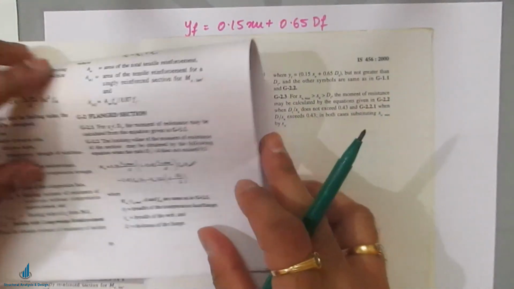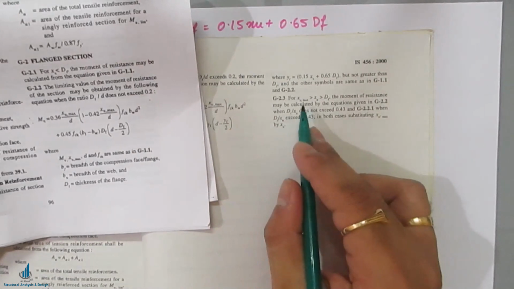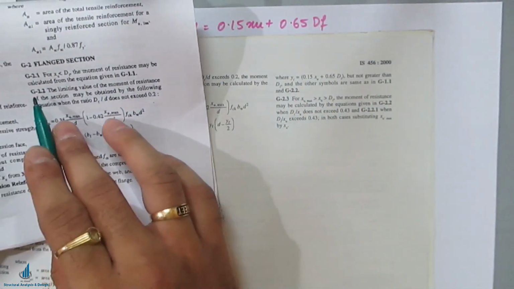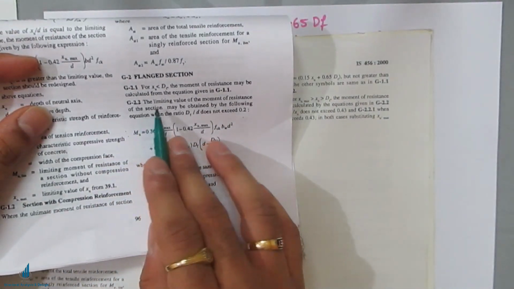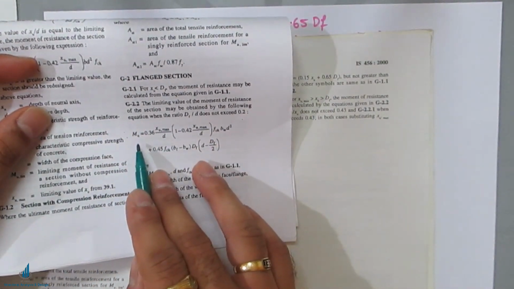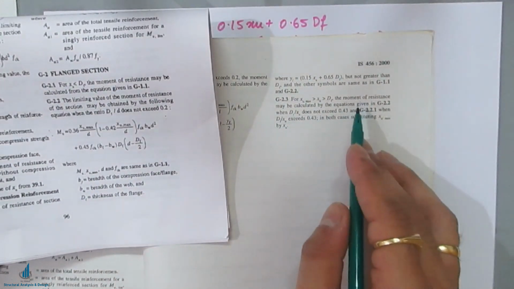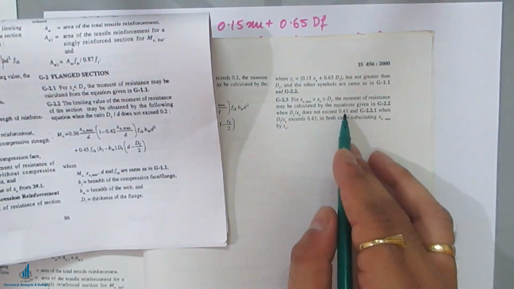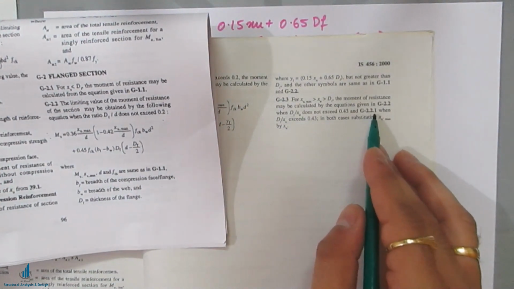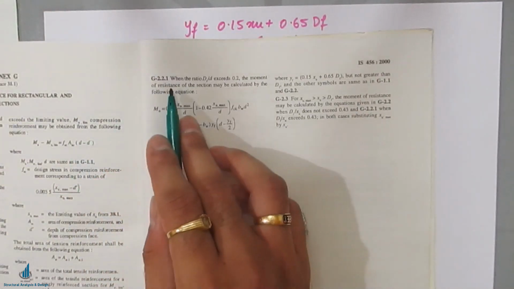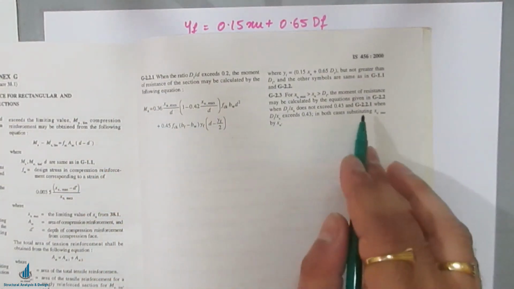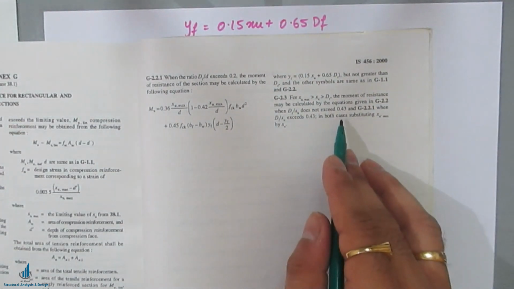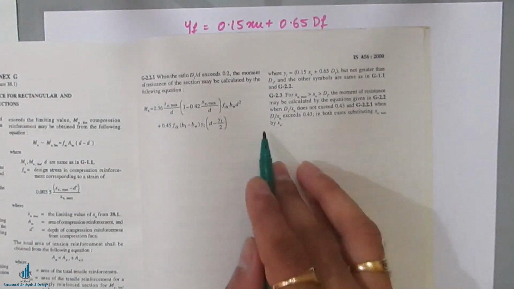So this is your G2.2 clause, and this is the moment equation. Again there is one clause when Df by xu does not exceed 0.43, and G2.2.1, which is here besides, when Df by xu exceeds 0.43, in both cases substituting xu max by xu.